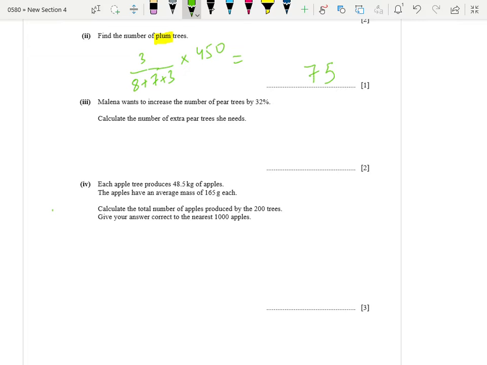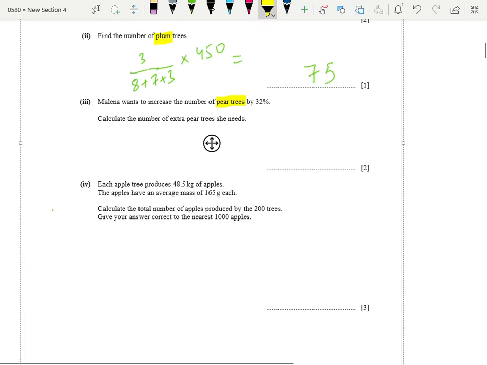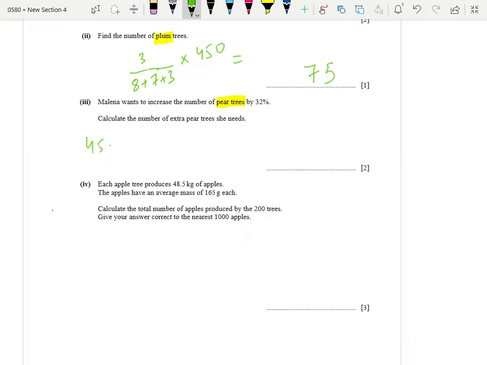Melina wants to increase the number of pear trees by 32%. So pear trees we are talking about, and you just saw that the only three trees they had were apple, pear and plum. We already know the number of apple trees is 200 and the number of plum trees is 75. So why not quickly subtract from 450 the sum of 275, which would give us 175, right?